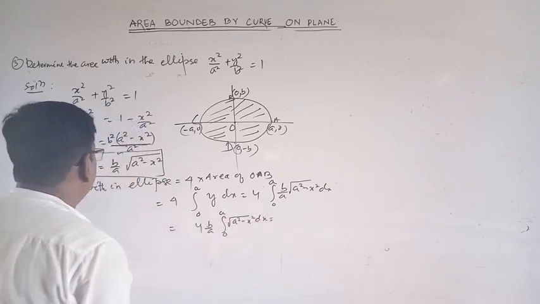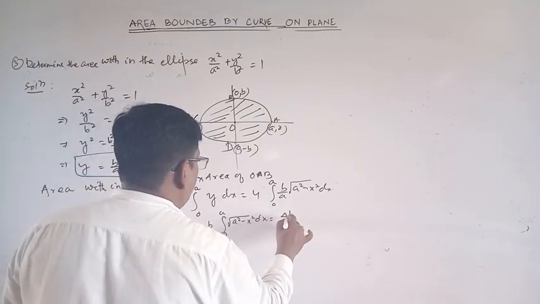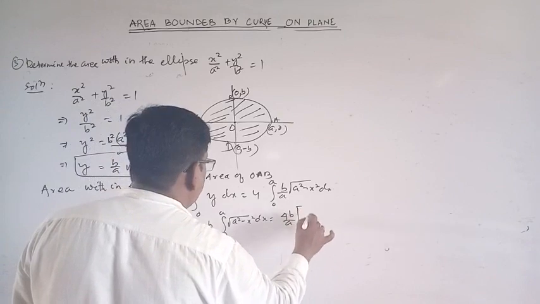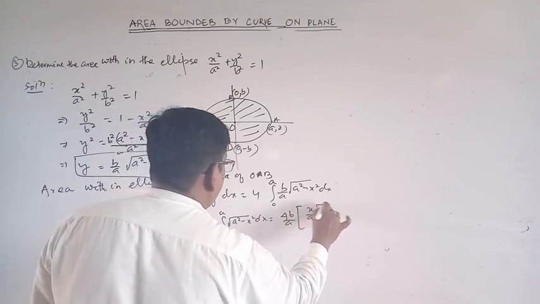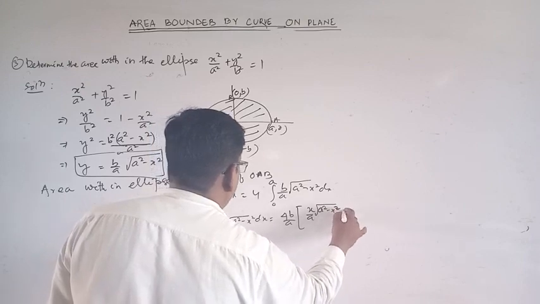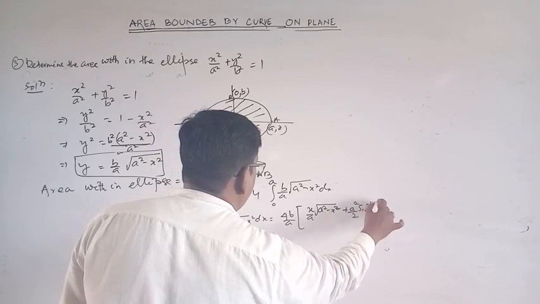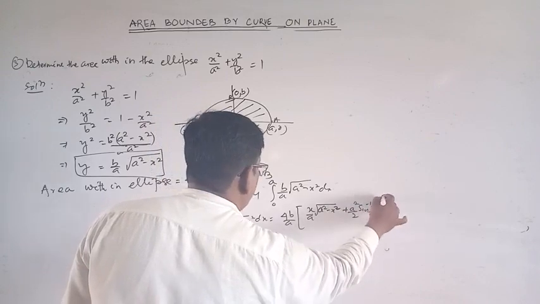What is the formula here? x by 2 root over a square minus x square plus a square by 2 sin inverse x by a, limit is 0 to a.